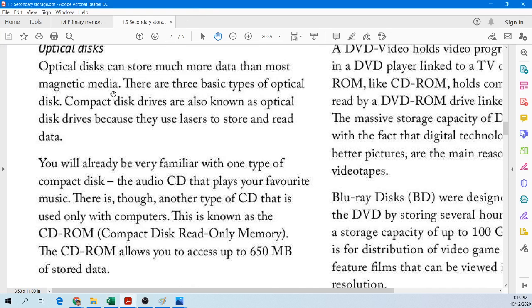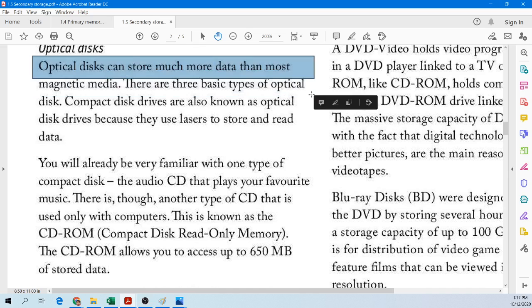I'll have to do some research into it because I'm wondering if they're comparing it to older forms of magnetic media, because currently the hard drive is a magnetic media, and the hard drive has more storage than an optical disk right now. So I'll have to do some research as to why they have that statement there.